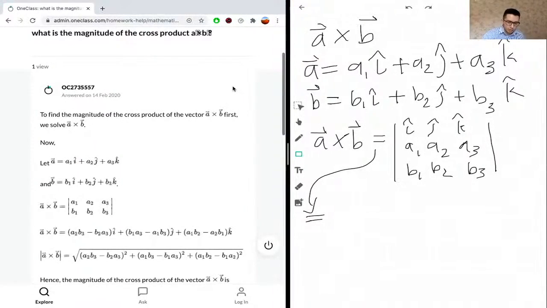So we have A2, B2, A3, and B3. To calculate the i component, it's basically the cross. So A2 times B3 minus B2 times A3. Just thinking about it as a cross will help you derive the equation. So here we have the first component, A2 times B3 minus B2 times A3.